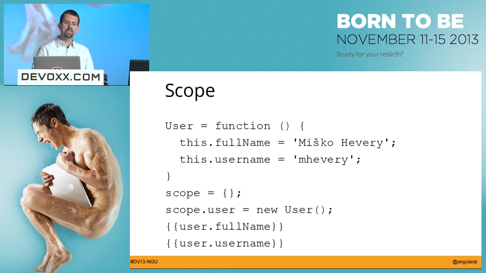The way we can achieve this is by instantiating the scope and assigning the user into the scope. Notice this is not real Angular code, this is pseudocode for how it works internally. Scope in this case is really just an object, so it acts as a hash map, and just by assigning things to it, we can start data binding to it.